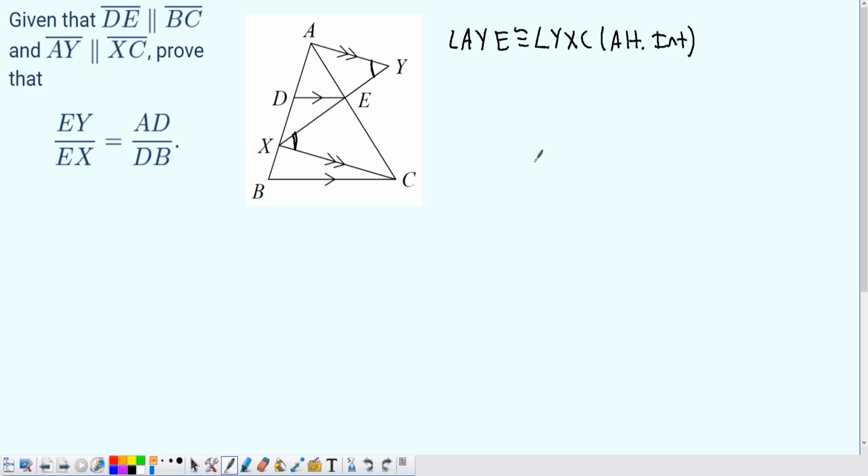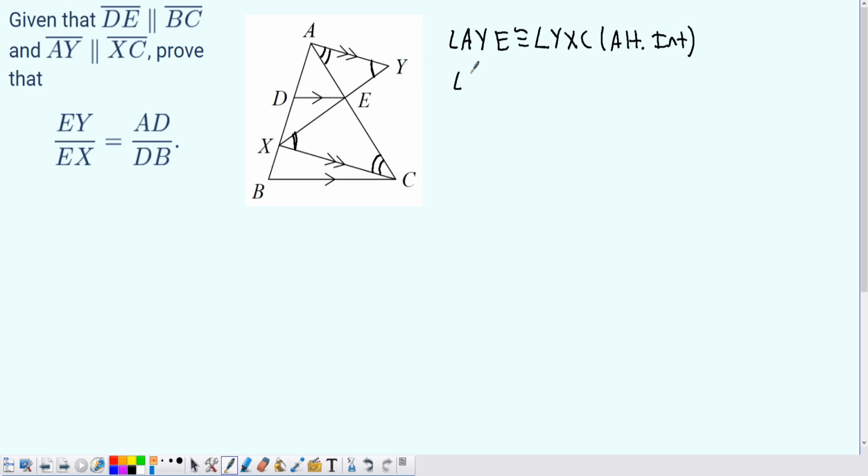Now, if we were to continue on with our theme of parallel lines, we could realize that, well, YAE, this angle right here, is on the parallel line AY and is on the common transversal AC with the parallel line XC. So that means that these two angles are equal.